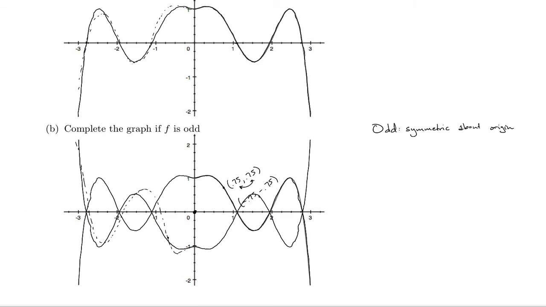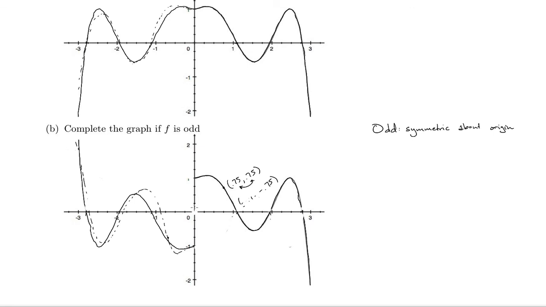All right, and now I only need the one down here, so I can erase the portions that I don't need. That's just my little cheat tool. All right, and there's the rest of the graph.